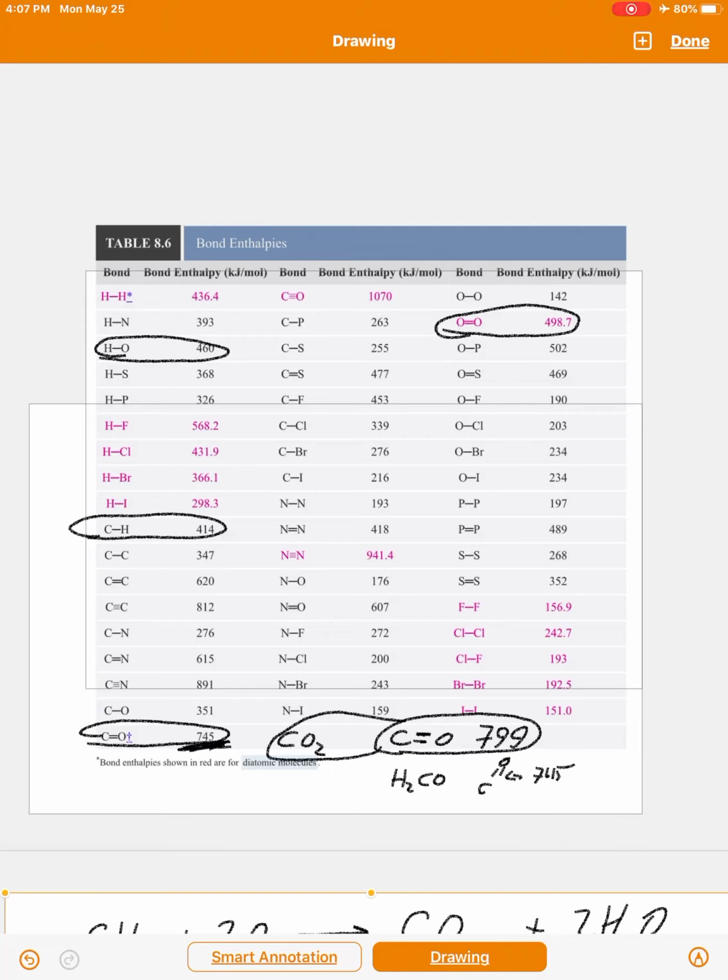Furthermore, they are average values, meaning there really is only one molecule that has an HH single bond, so that's 436.4. But there are many molecules that have an NH bond, or HN. On this table, it says that HN bond enthalpy is 393 kilojoules per mole.